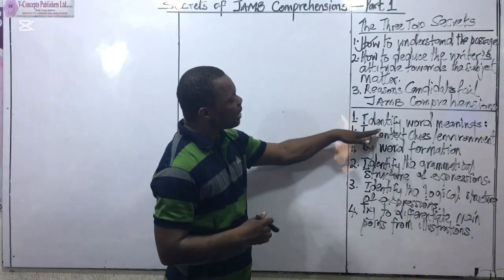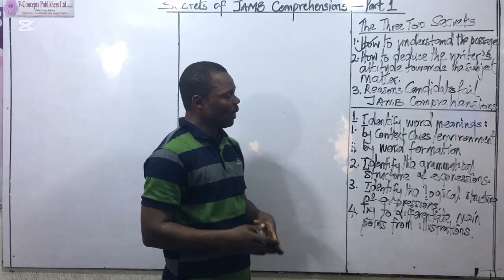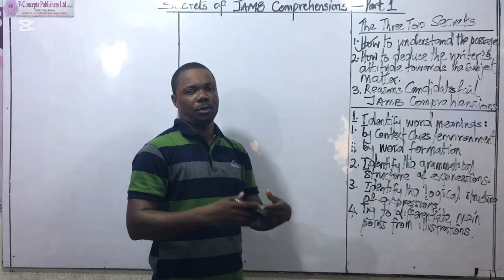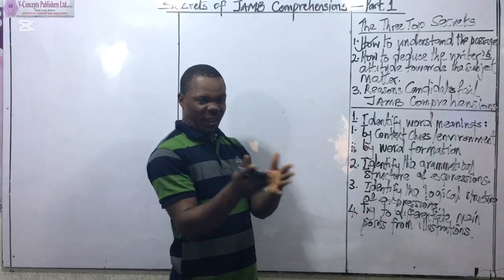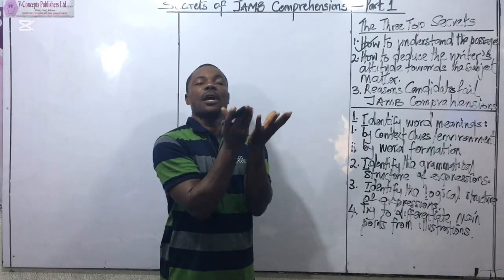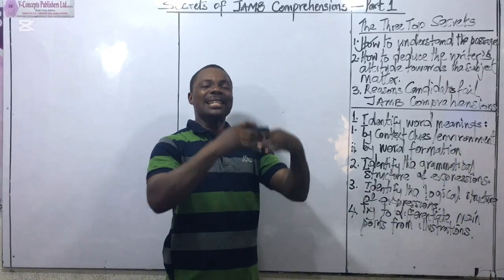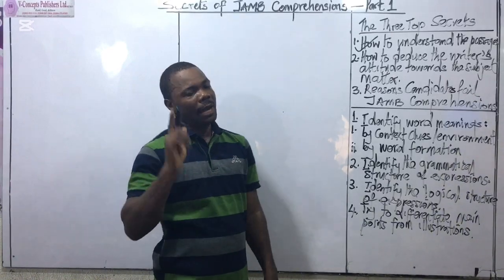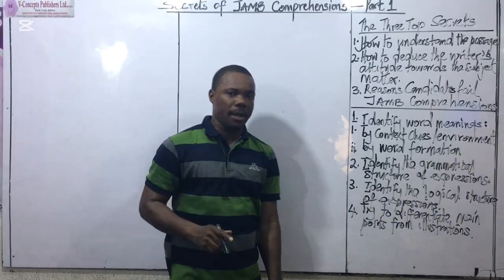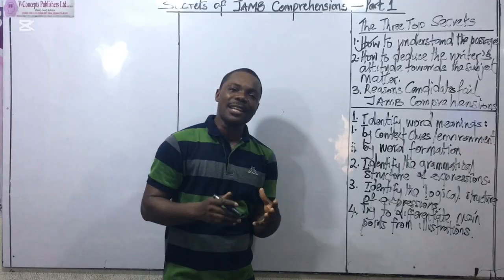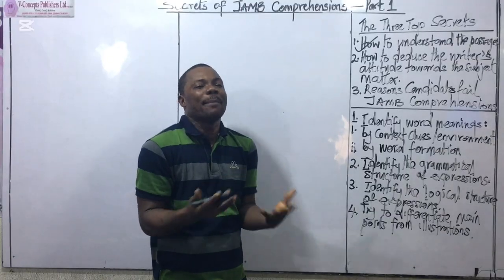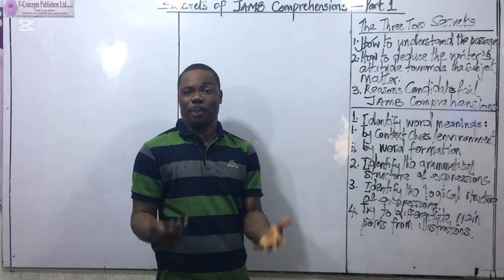So we have the identify word meanings. And there are 2 ways you can do that, and we're going to try to demonstrate the different ways that you can try to understand words that are used in a typical passage. And try to understand as well that the passage is not going to be so familiar to you like you would expect.